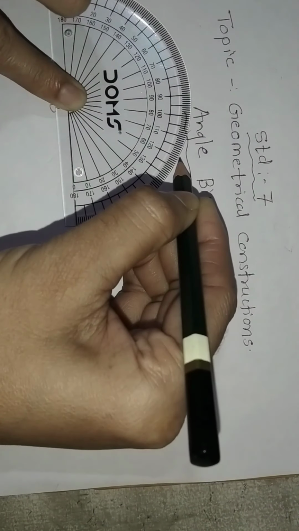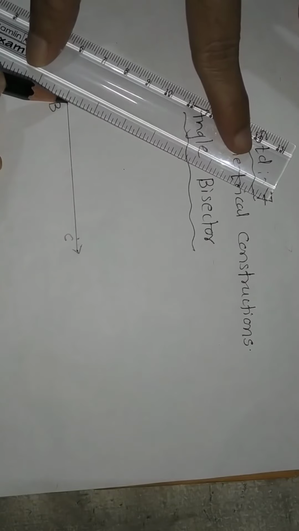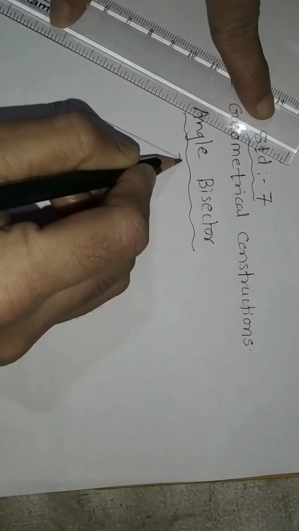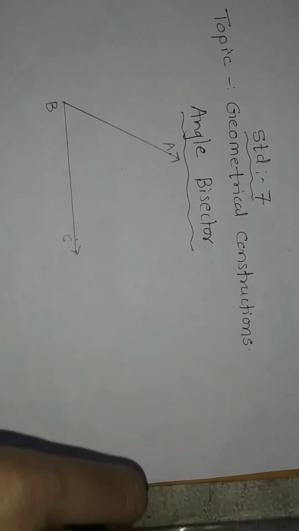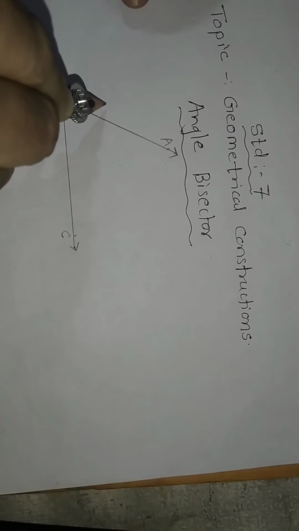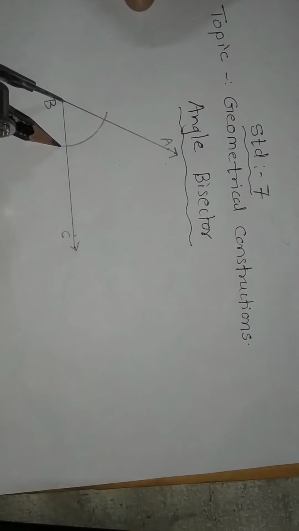So here I am taking the 60 degree of angle, put the point, then raise the ray which will pass from point B. Label it as point A. After that, take the compass, put the compass one end on point B and draw arc which will cut both the ray at two different points.